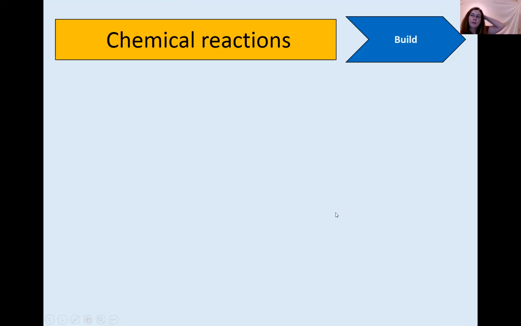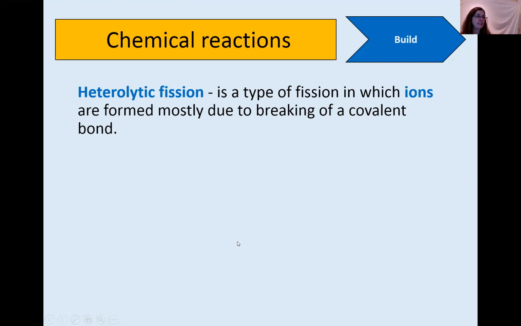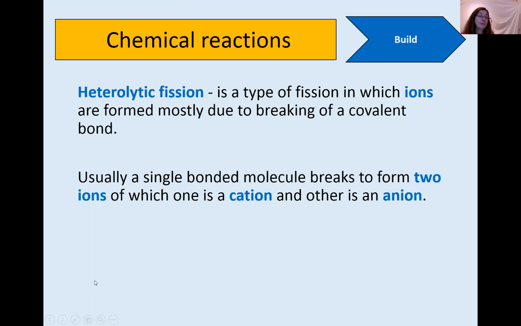Okay, so when we're looking at chemical reactions, heterolytic fission is a type of fission where ions are formed due to the breaking of a covalent bond, and I showed you that in the demonstration. So usually a single bonded molecule will break, and it'll form two ions, one of which is a cation. That's a positive ion, so we use that terminology, cation, positive ion, and the other one is an anion, a negative ion.